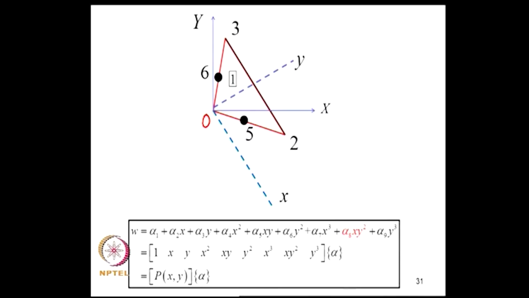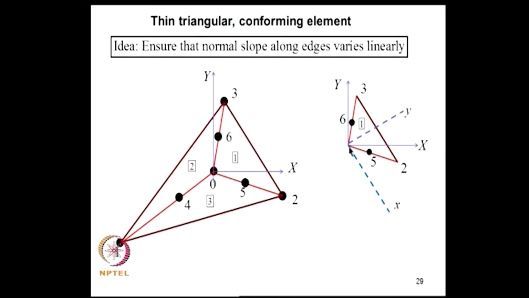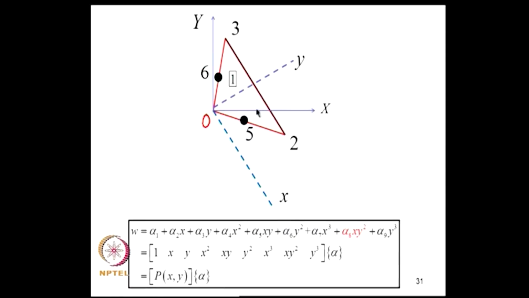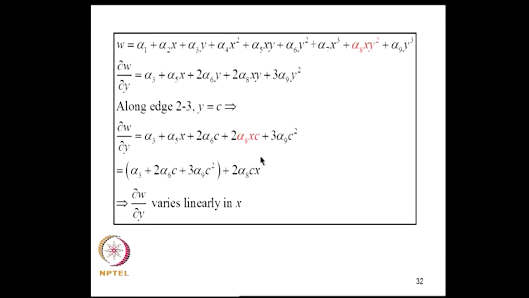The x axis here is parallel to edge 2, 3. So y equal to constant will be lines parallel to this edge. If you consider y equal to constant, wherever there is y, I will get this, which is dou w by dou y.